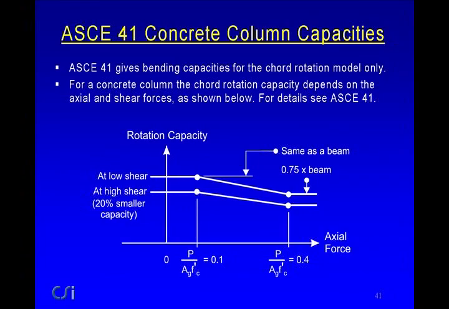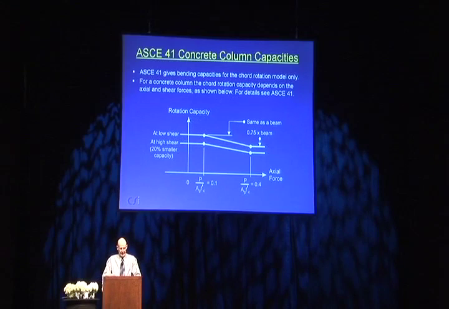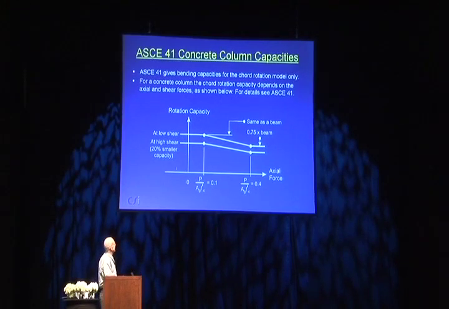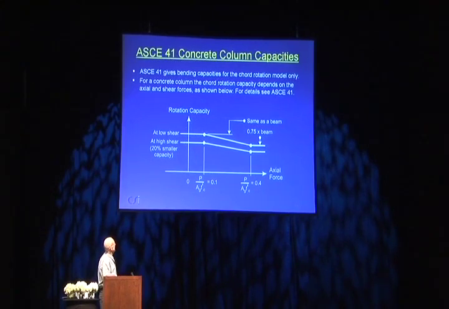ASCE 41, concrete column capacity, gives bending capacity for chord rotation model only. And the way in which the rotation capacity varies is roughly shown in this diagram. This is the rotation capacity, and this is axial force. If you have low shear, then at zero force, this is the rotation capacity, and for a high shear force, it's 20% smaller.